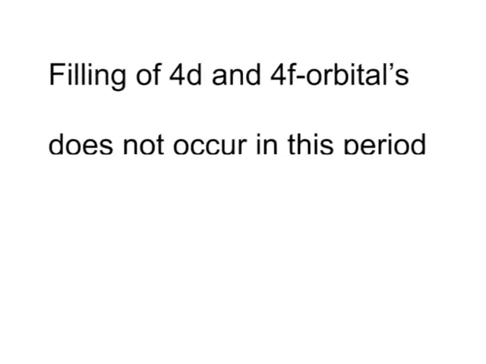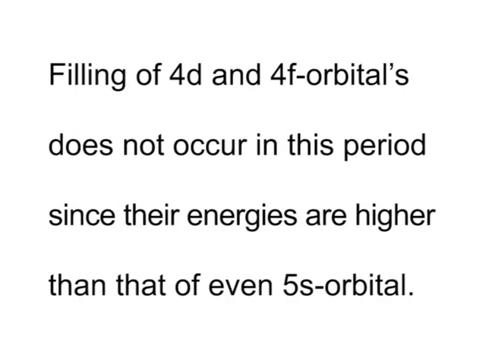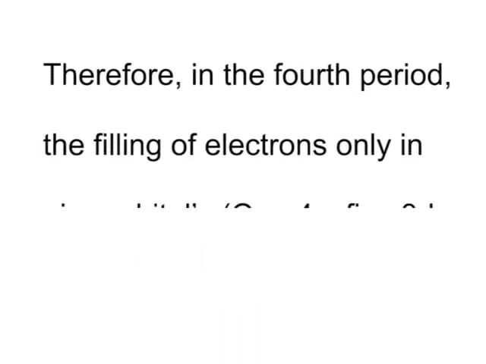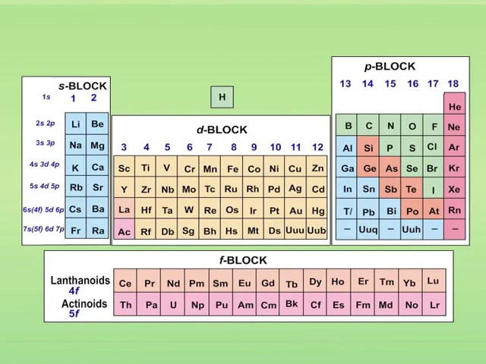Further, the filling of 4d and 4f orbitals does not occur in this period, since their energies are higher than that of even 5s orbital. Therefore, in the fourth period, the filling of electrons occurs only in 9 orbitals, one 4s, five 3d and three 4p, which can accommodate at the maximum 18 electrons.